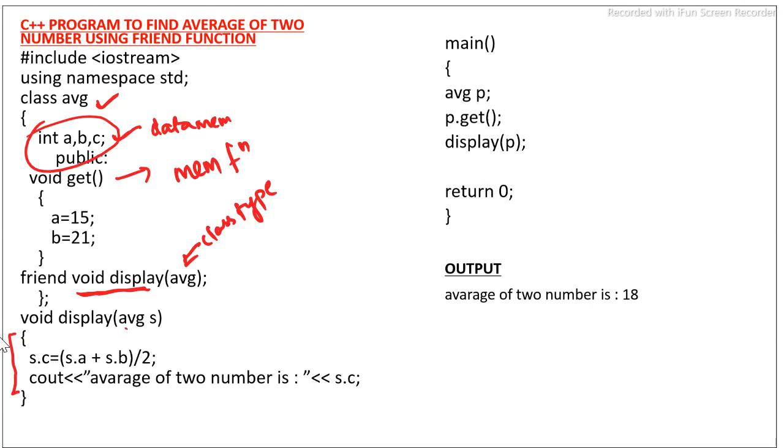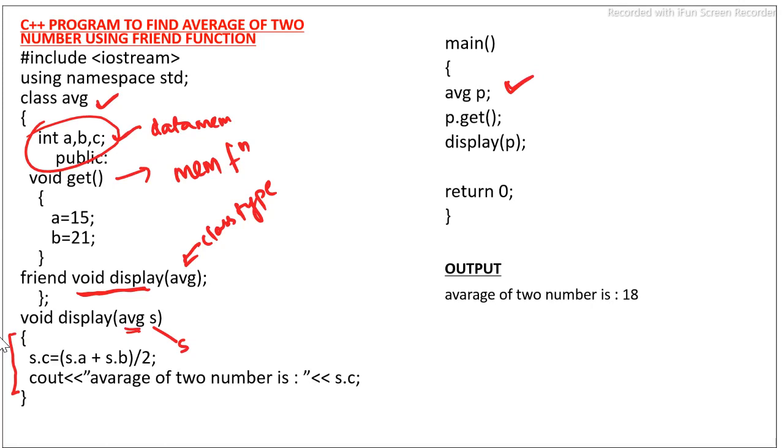So here the class type AVG is mentioned, AVG S, where S is the object of the AVG class. Whatever variables we receive can be accessed using this object S. Let's move towards the main function. In main we have created the object P for the class average.